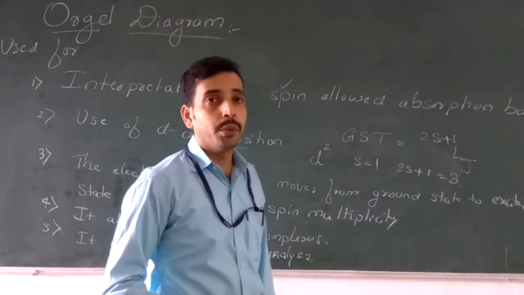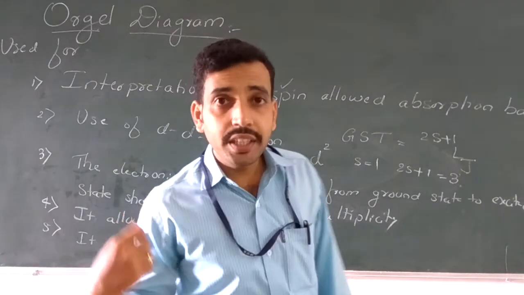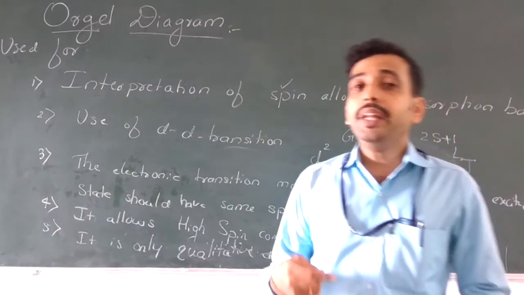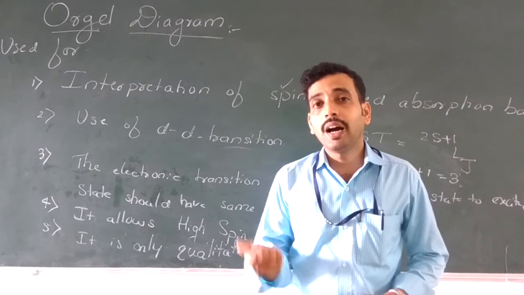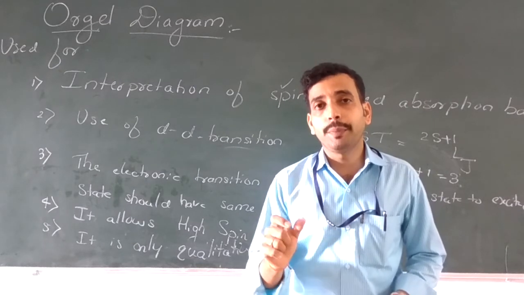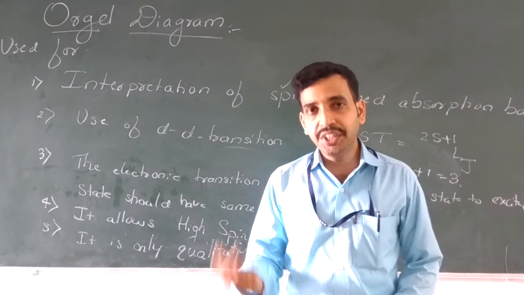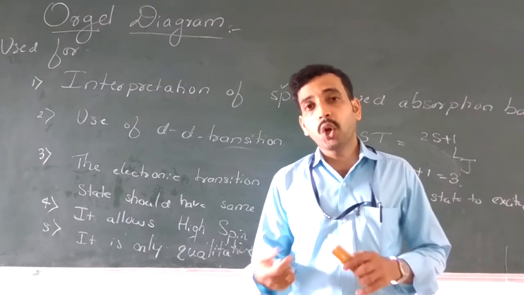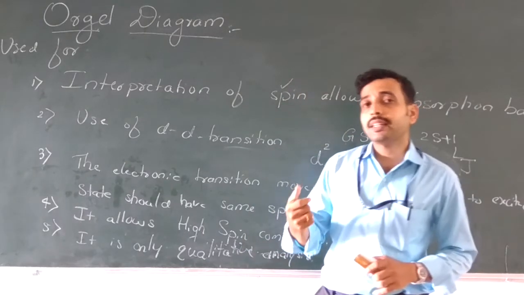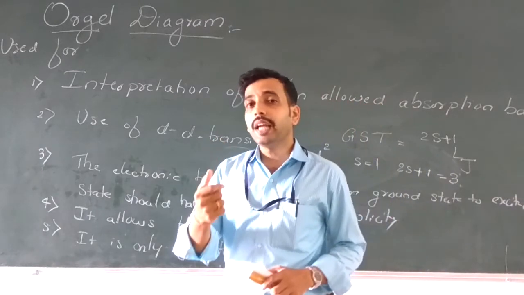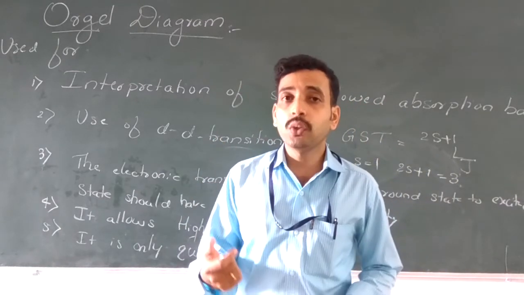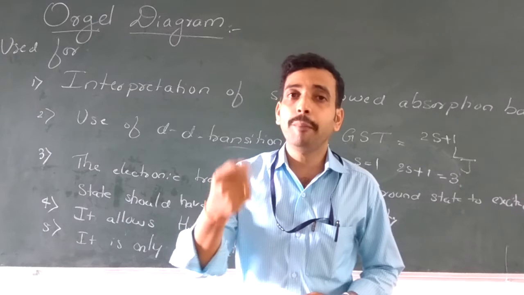Qualitative and quantitative: qualitative means how many electronic bands are observed in a given complex. That is the qualitative analysis. Quantitative analysis means the number of bands and each band having its energy; we can calculate the energies of the bands.